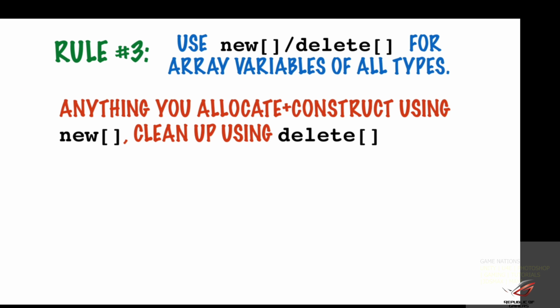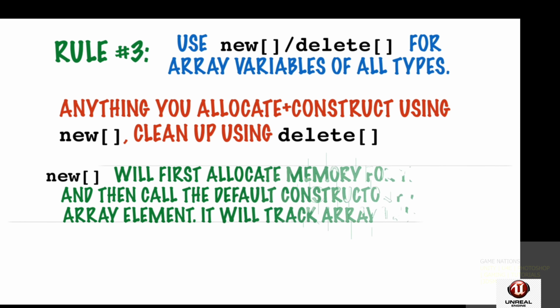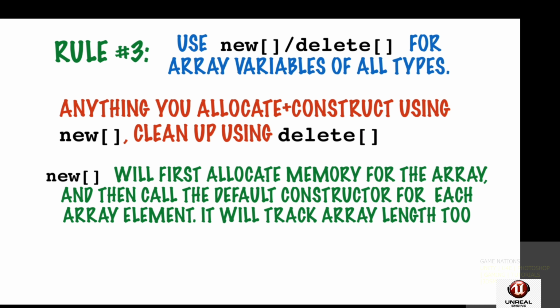Let's dig a little deeper into what new with square brackets does. New will first allocate memory for the array. The array itself takes up memory. That's what is first allocated when you use new with square brackets.